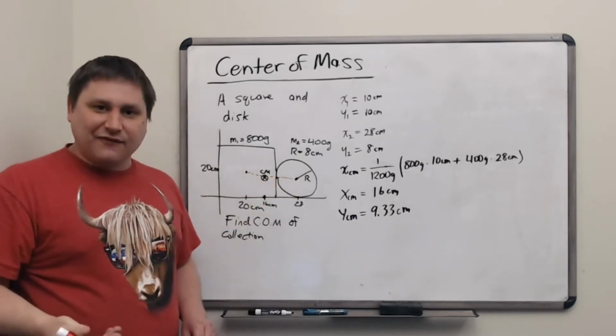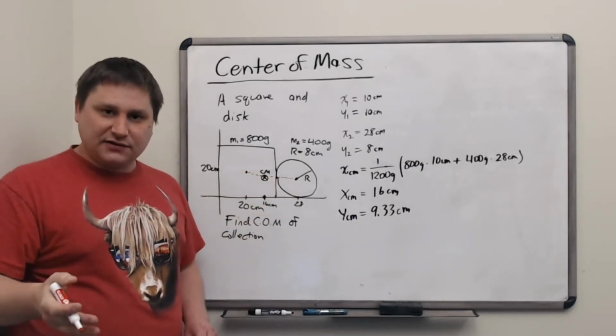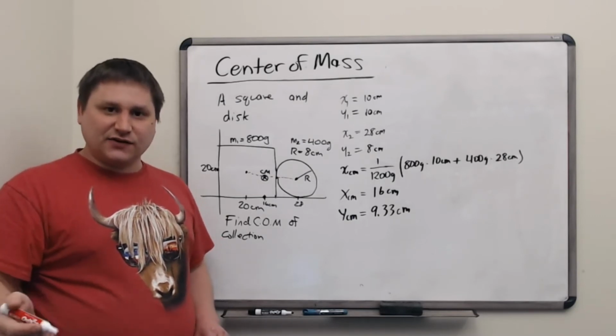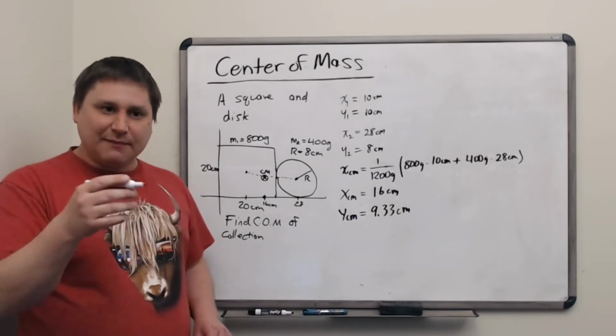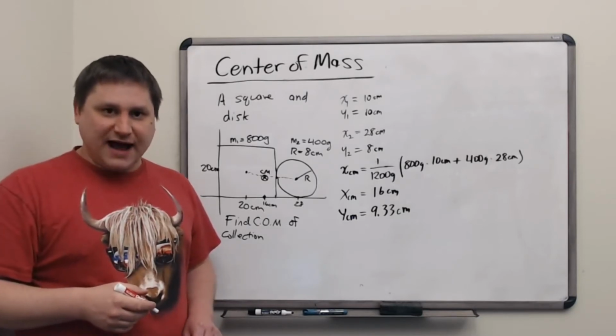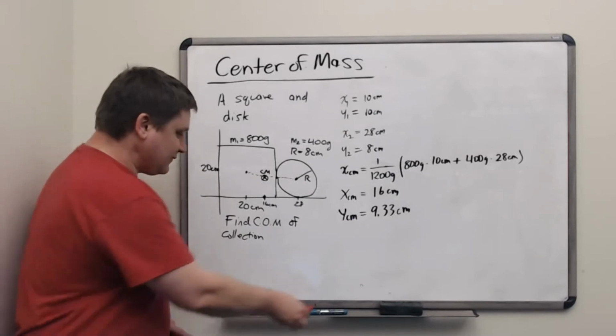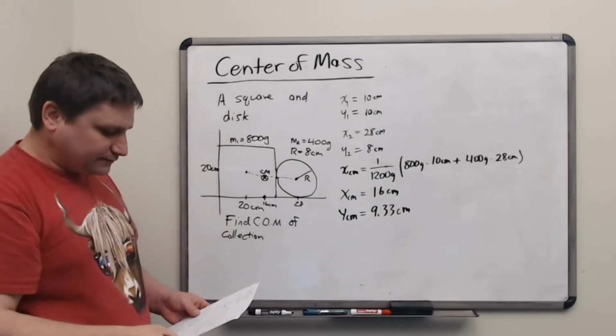Since it's a weighted average of two locations, two position vectors, it is linear in the position vectors, so it can only form a line between them based on their proportion of masses. Right, so that's where we see this center of mass showing up in the square and disk example.